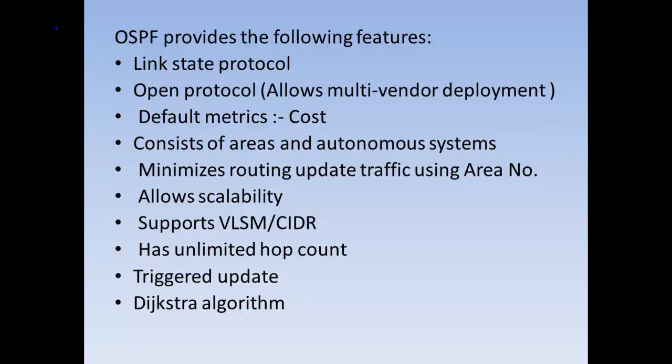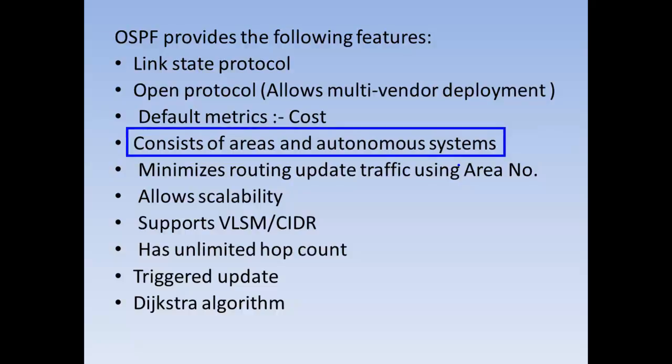Next point is that it consists of area and autonomous system. In my previous video, introduction to dynamic routing protocols, I explained the autonomous system number. Similarly, OSPF consists of one more term that is known as the area.